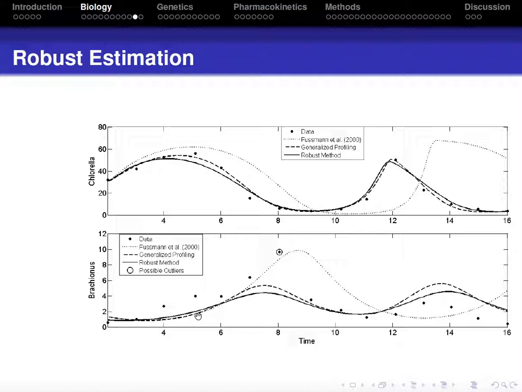However, if you look closely, there's one point, the point with the circle, that is actually far away from the solution. Only this one; the others look pretty good, right? This circle is far away from our ODE solution.